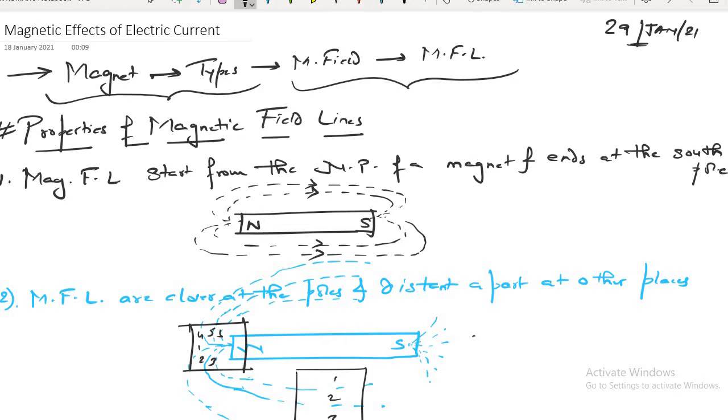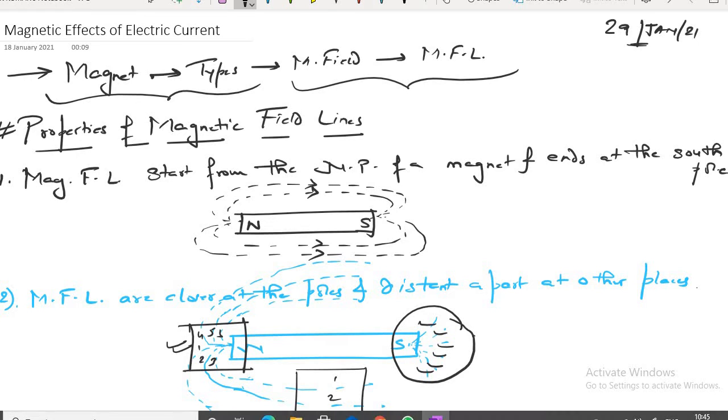So we can say that magnetic field lines are closer at the poles and distant apart at other places. That means they are in large number near the pole, and in less number at any other places apart from the pole. It's not only the north pole, it can be the south pole also. At the south pole you can see 1, 2, 3, 4, 5, 6, six lines I have drawn.